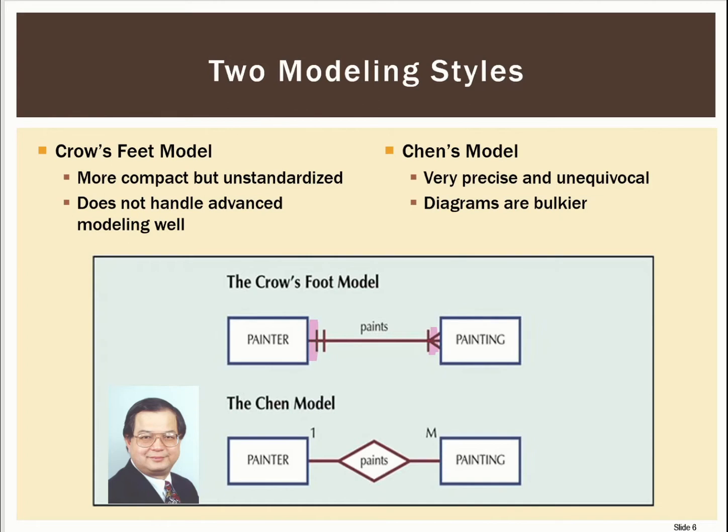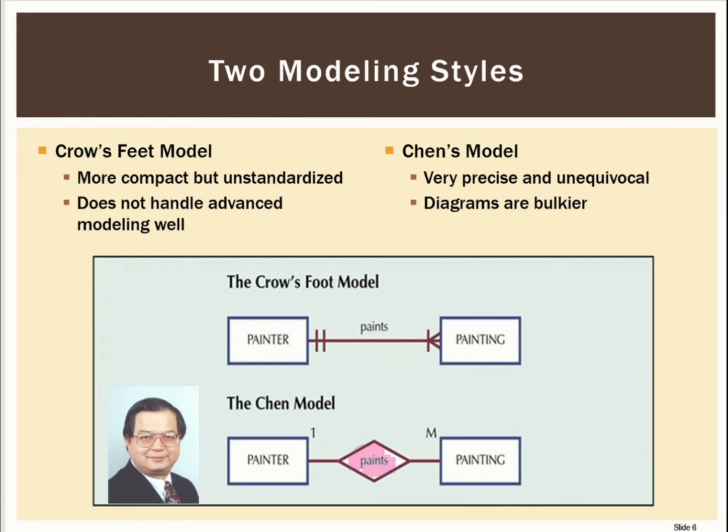Crow's feet models are used very frequently, but I prefer the Chen model. Peter Chen developed this in 1976, and this model is more precise. The Chen model does use the relationship construct, the diamonds, and we still have what's called the cardinality.